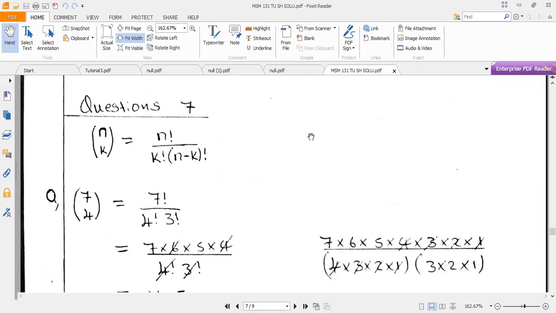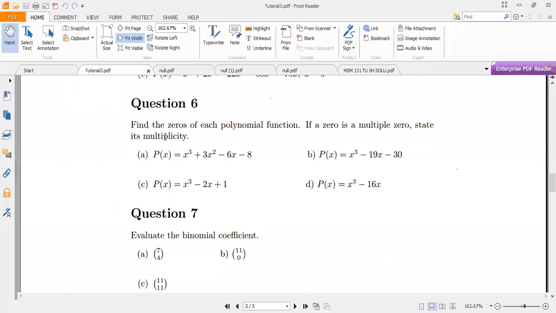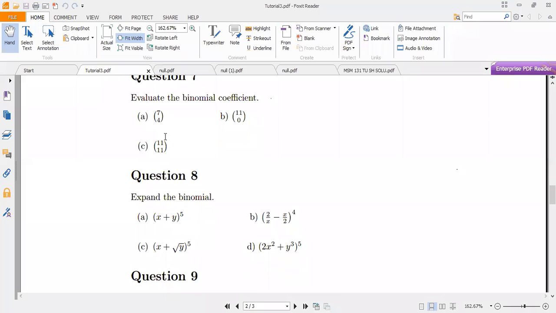The question itself will tell you if they want you to use synthetic, long division, or factorization. If they don't ask you, you use the one that you're comfortable with. All right, so we move to question 7. So which means if they don't ask you, the equation can work for all the types.